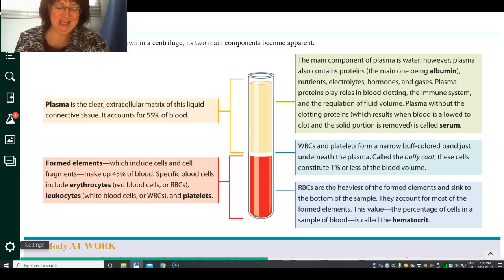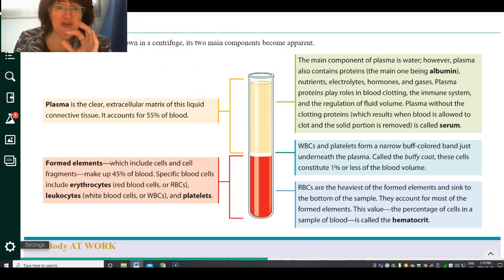So cytes means cells, erythro means red, leuco means white. And we might as well do it now, but we'll get to later the others, thrombocytes. And if you know that thrombosis is a clot or a clotting condition, so thrombo is a clot word, okay?